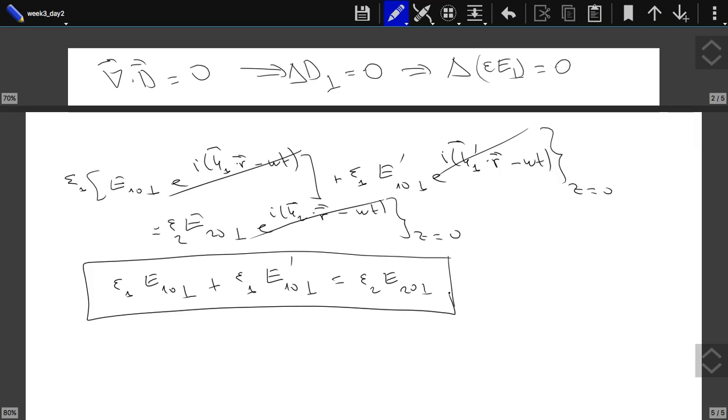The transmitted wave also has these two unknown components. And we can also write these two components in terms of the magnitudes and angles. So we don't know the magnitude of the reflected electric field.